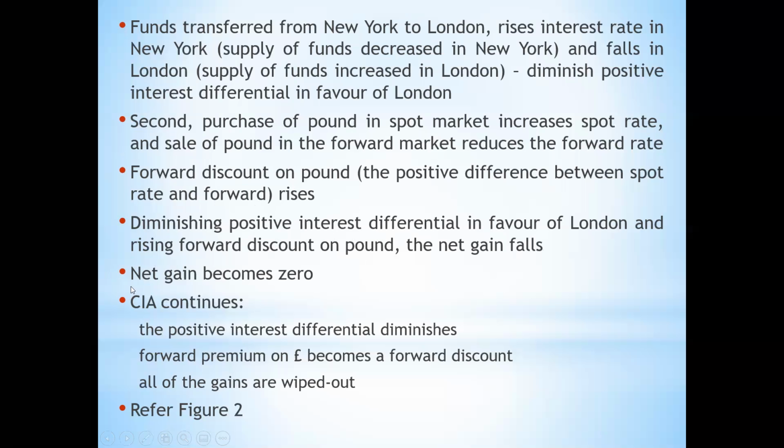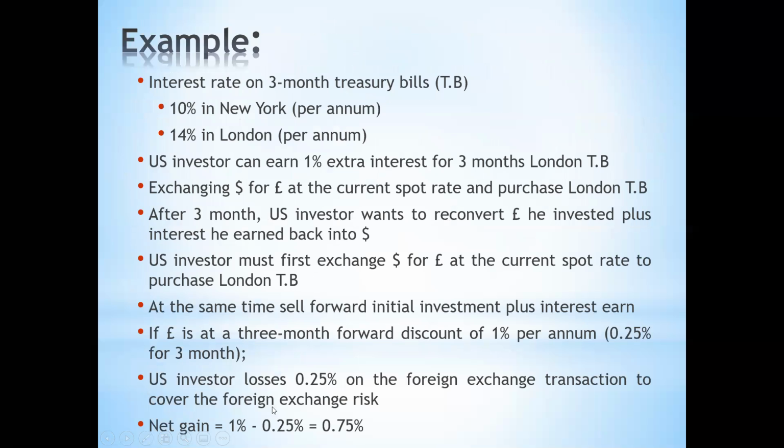Now you can see where this gain is coming from. We have a 1% interest difference in favor of London, and we have a forward discount of 0.25 on the pound. Actually, this is our loss, right? This is our gain. We have a 1% gain, accompanied by a 0.25 loss, but your net gain is 0.75.